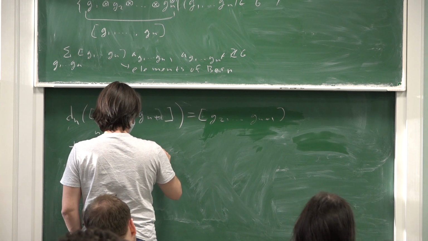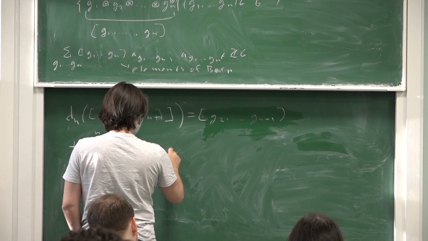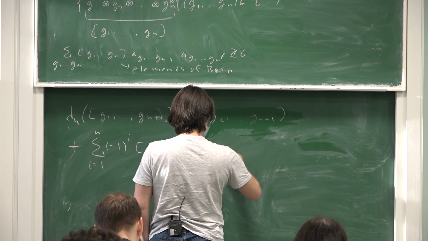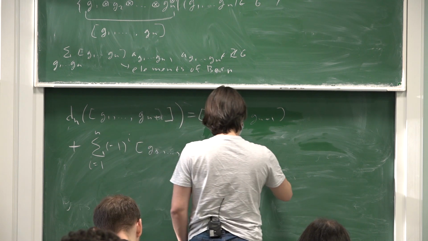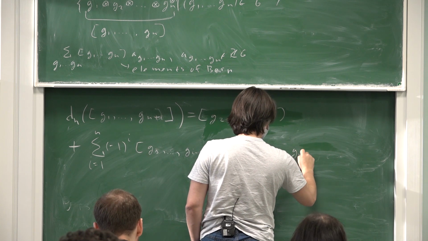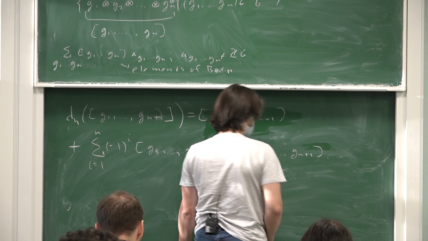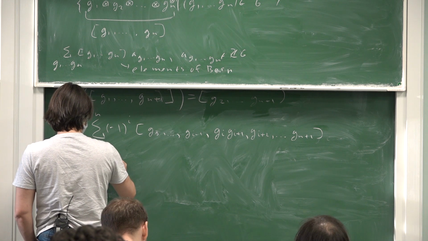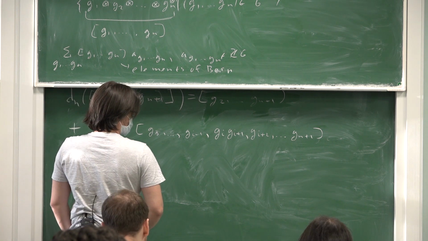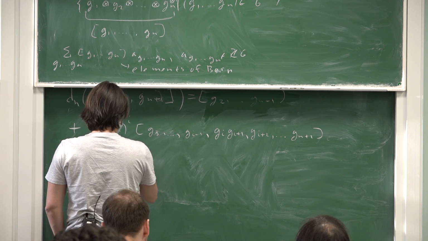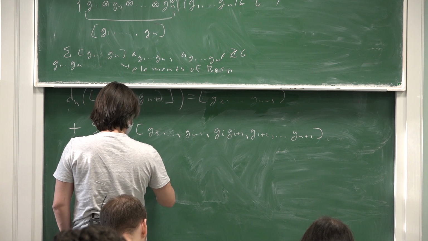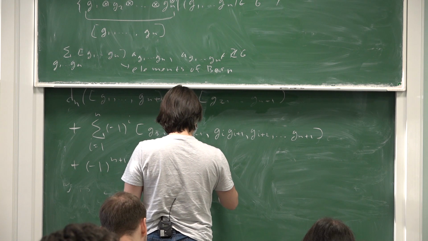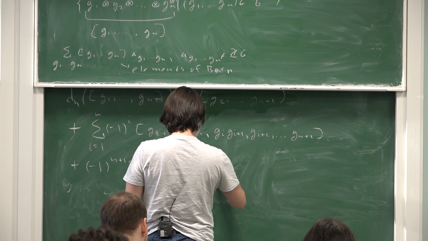Here we have G1, and so on, G(i minus 1), then we have Gi times G(i plus 1), G(i plus 2), and so on, Gn plus 1. And plus minus 1 in the n plus 1 power of G1, and so on, Gn, Gn plus 1.